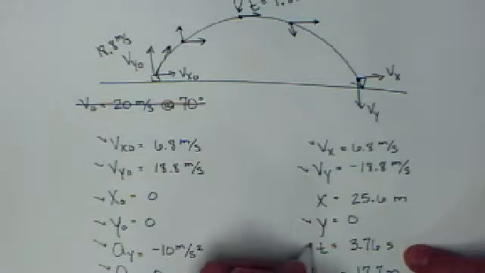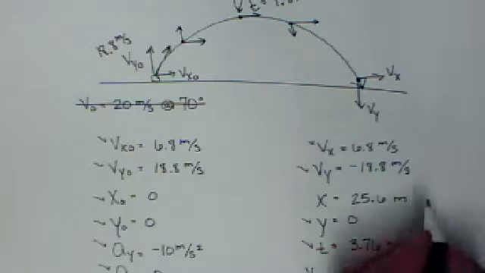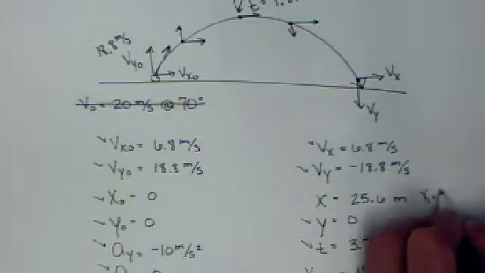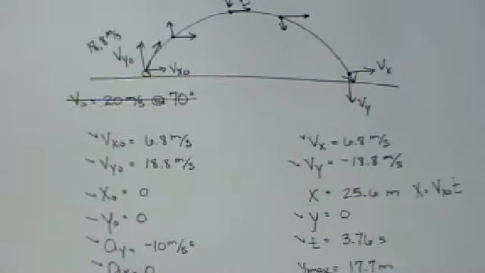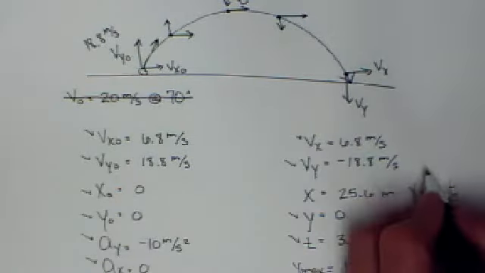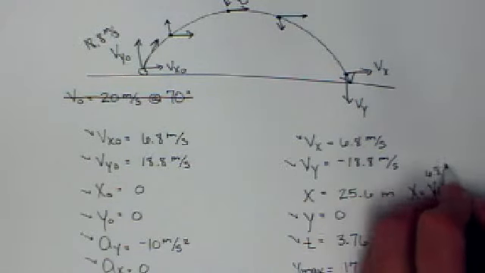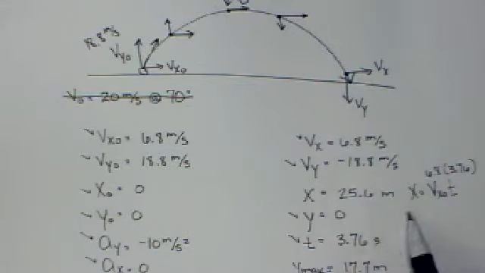So that's my total hang time. Okay. Once I knew my total hang time, my only real equation for horizontal motion looks like this. X naught being 0, so I've compacted my equation. And my Vx is 6.8 times 3.76. That gives me x.